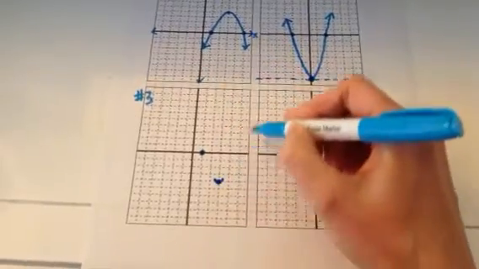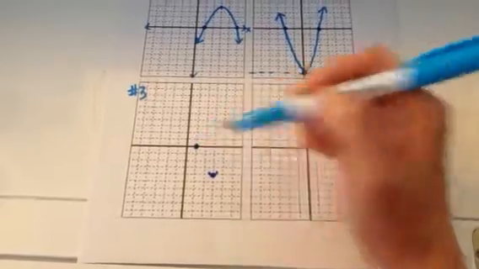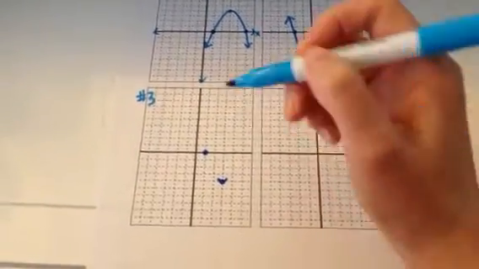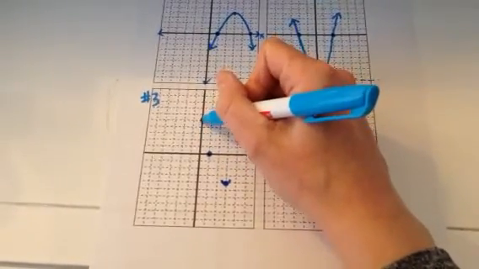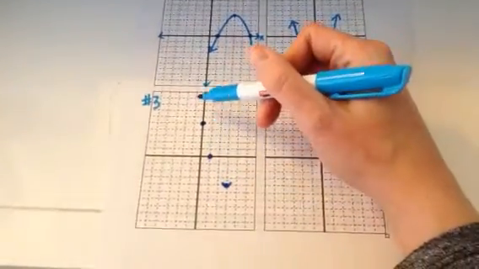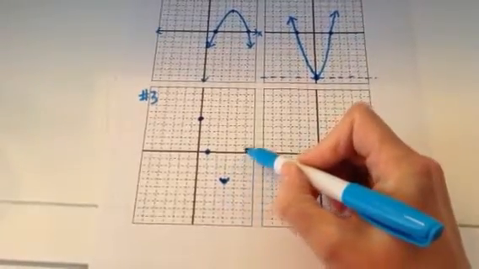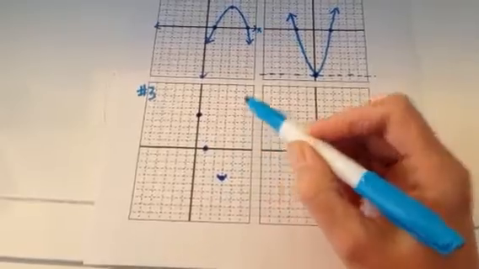Our parabola is going to open upwards. It also tells us that we have a y-intercept at (0, 5): 1, 2, 3, 4, 5. So we know it's going to open up this way. It also has to open up here, and we want to make sure that it crosses the x-axis at the right point.